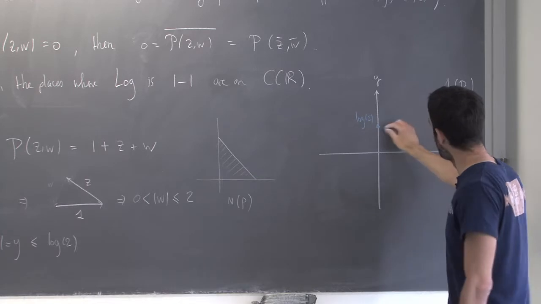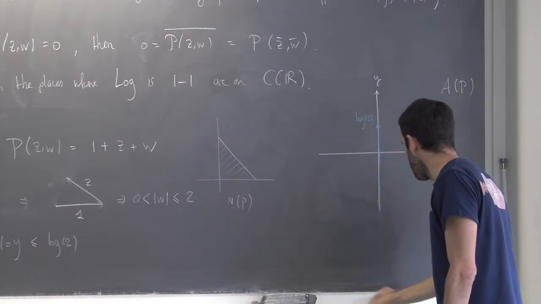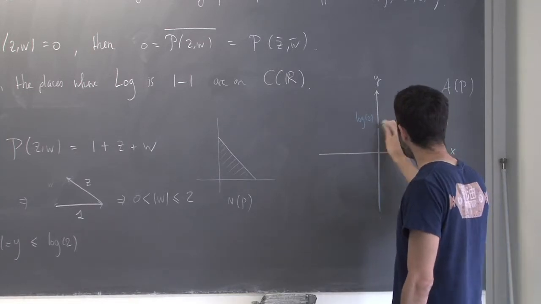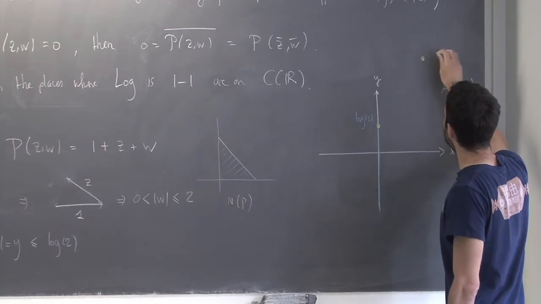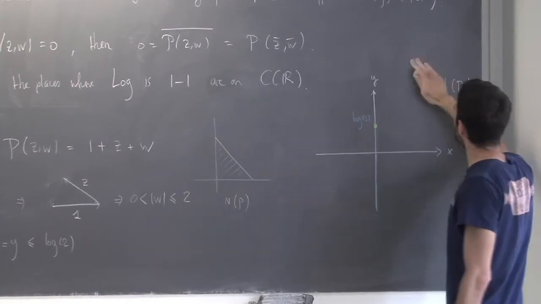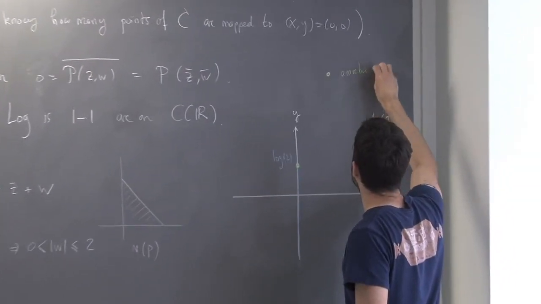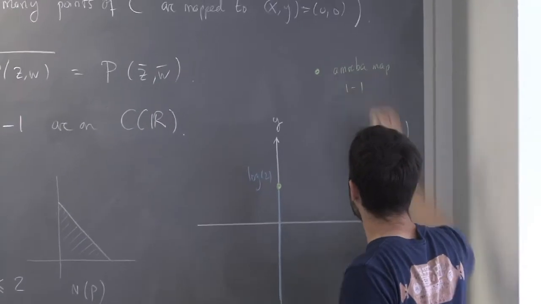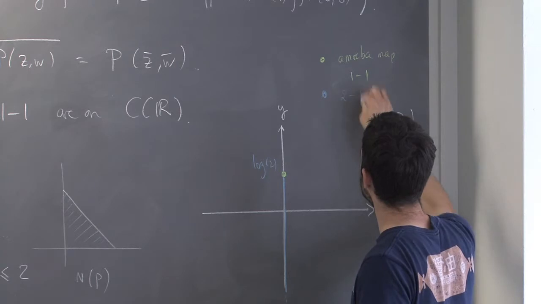And the intersection of the amoeba with this axis is something like that. And I will write this in another color: for green, the amoeba map is 1 to 1, and for blue, it means that the amoeba map is 2 to 1.